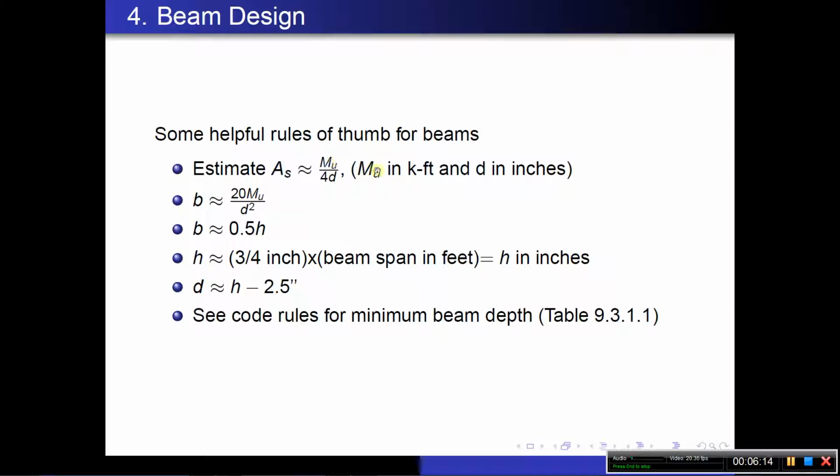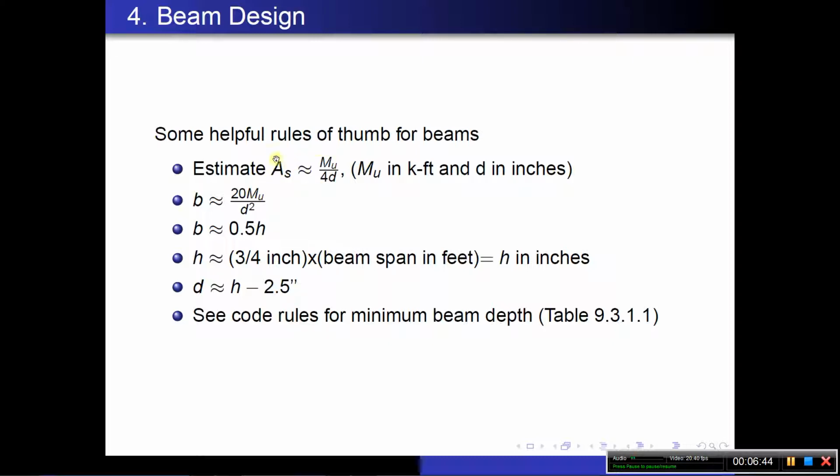So for M sub u, you're going to use units of kip feet, and for d, you're going to use units of inches. Now, this of course assumes that you have d already. That may or may not be true, but if you do have it, this would provide a way for you to calculate the total tensile steel, at least to get an estimate for that.